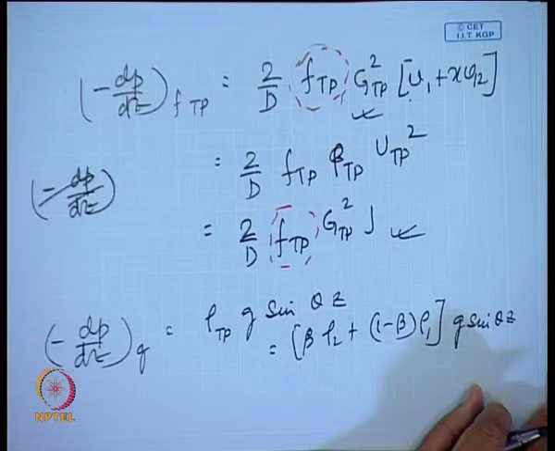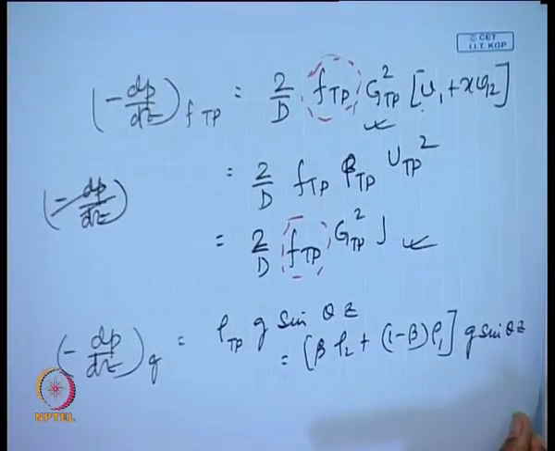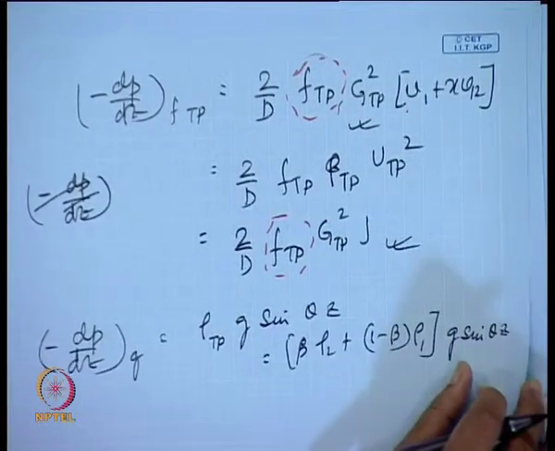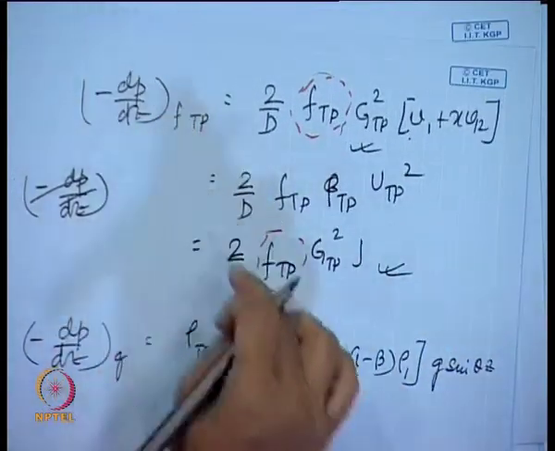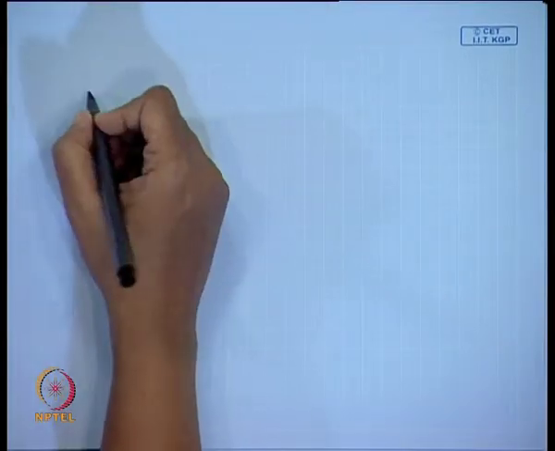Okay. Now, let us take up the acceleration pressure gradient. Please remember these terms, the final expressions which we have obtained for the frictional pressure gradient and the gravitational pressure gradient. Okay. Suppose we take up the acceleration pressure gradient.